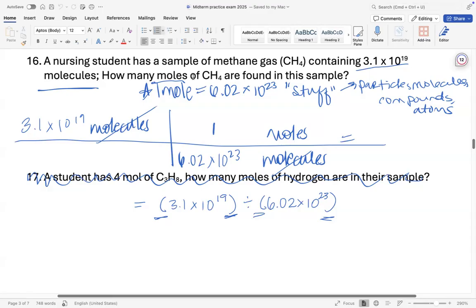All right, so when you put that into your calculator correctly, oh, I haven't pre-solved for this, dang it. So when you put that into your calculator correctly, you should get, and just give me a second, sorry, divided by 6.02 times 10 to the 23rd.